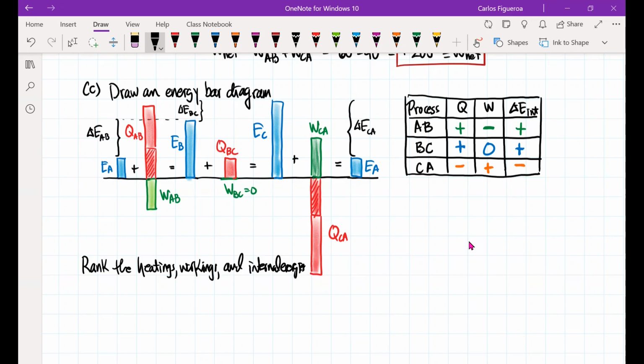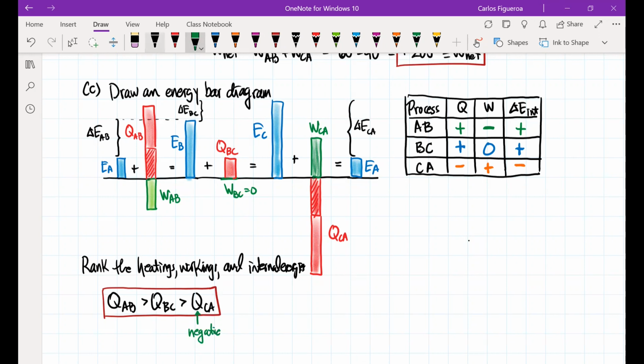So remember, positive is bigger than negative. So I could see here, just by looking at my picture, the red bar is bigger than the one at BC. So that heat has to be like this. And because QCA is negative, I could then come in here and I could go, here's my rankings for the heatings right here. But just as a reminder, note that this guy is negative.